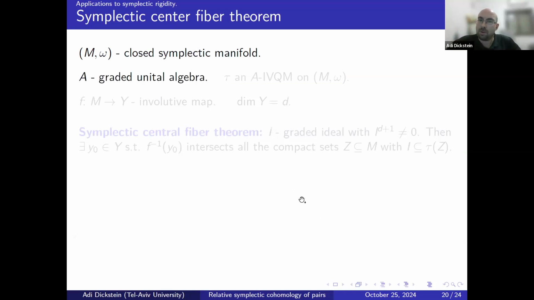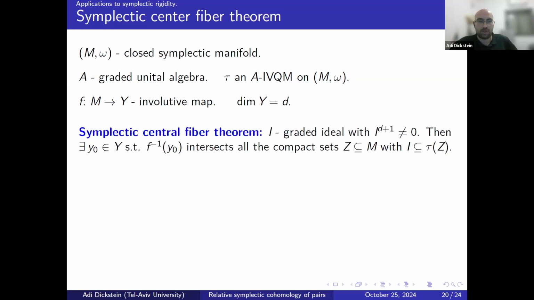Given a closed symplectic manifold and an idempotent quasi-measure for a specific algebra, and also an involutive map to a manifold of dimension D, we proved, using a symplectic analog of a result of Roman Karasev, that if we have an ideal in the algebra so that its (D+1)-th power is not zero, then there is a fiber of our involutive map that intersects all the compact subsets with the property that I is contained in their measure.